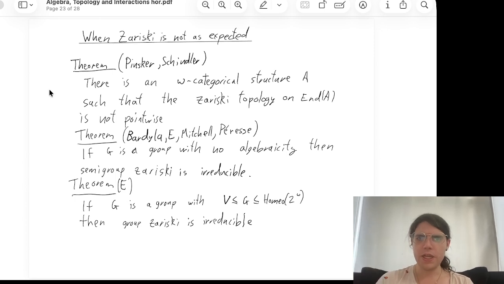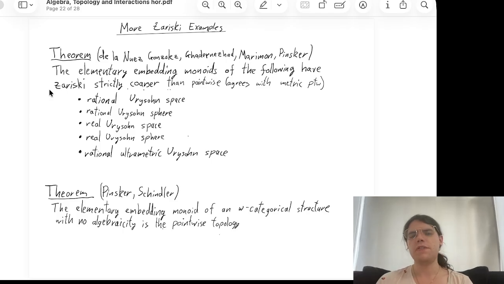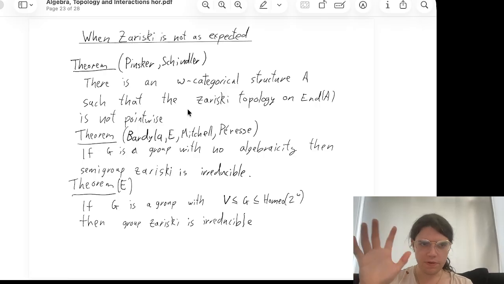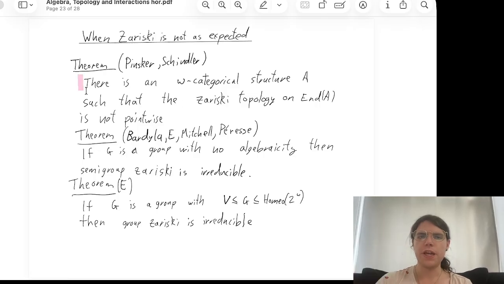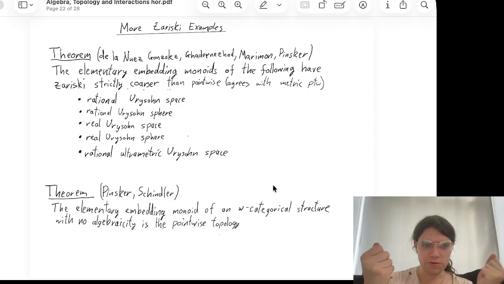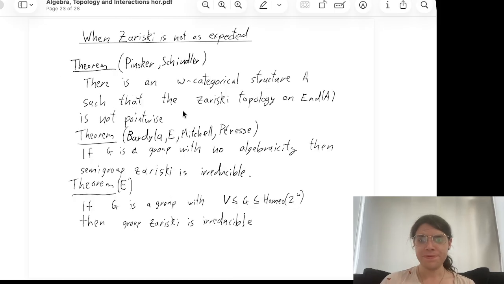So some cases where the Zariski topology doesn't work as expected. I already mentioned in the previous slide that it's not always the pointwise topology, but it can sort of fail in more ways. So there's even an omega categorical structure where the Zariski topology on the endomorphism monoid is not the pointwise topology. So remember here I was talking about the elementary embedding monoids, where you're assuming you preserve all first order formulas, not just the relations of the structure.